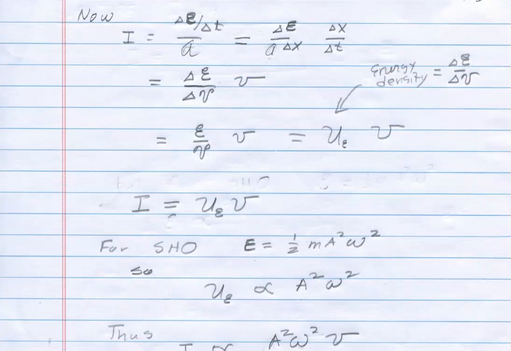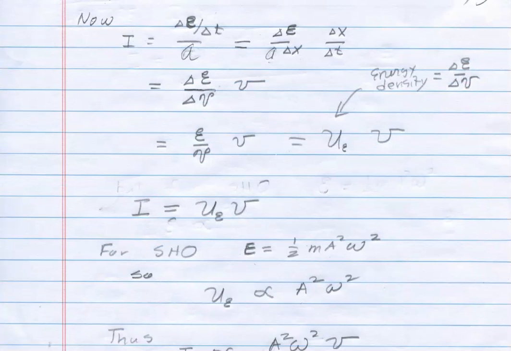Now let's go back to look at this case of a simple harmonic oscillator. For a simple harmonic oscillator, one has the energy is proportional to the amplitude squared.